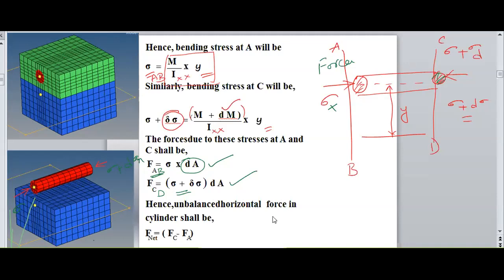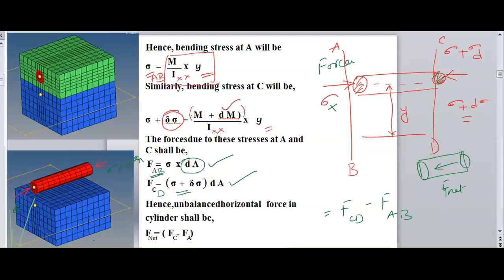Therefore, force on CD minus force on AB gives the net force that is applied on the fiber. So this is the fiber and I need the net force, which is moving this side.